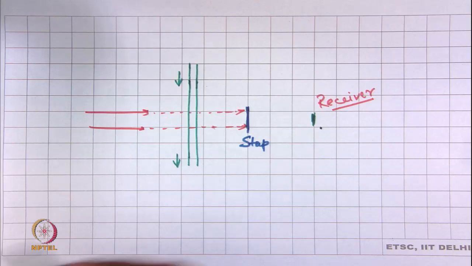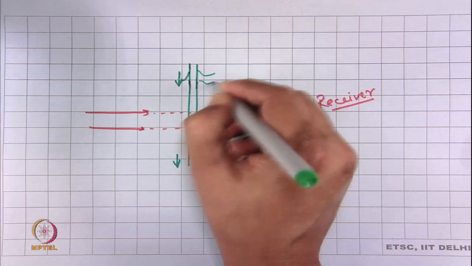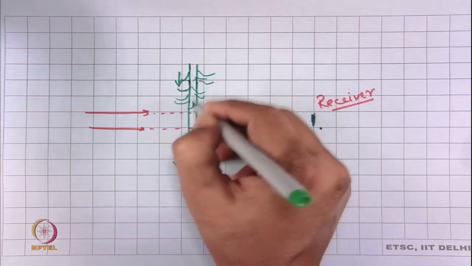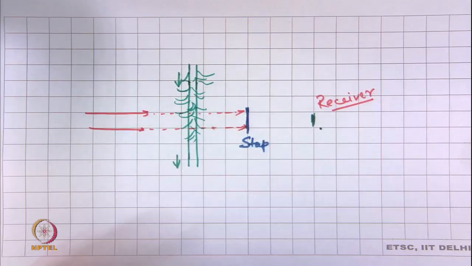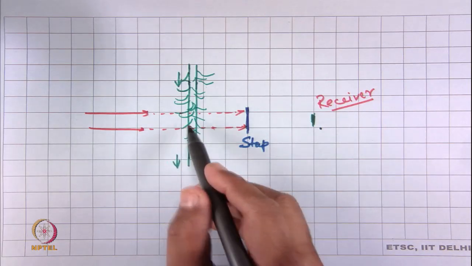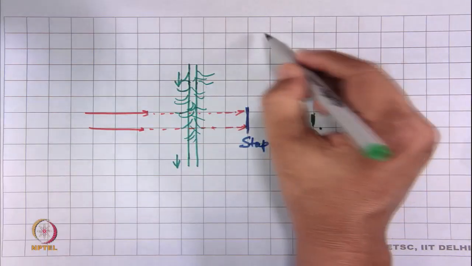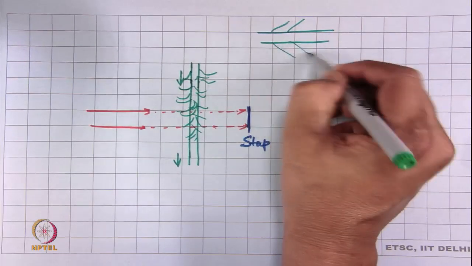In the next case, a yarn with hairiness. The yarn has two distinct portions, one is its body, another is hairs.